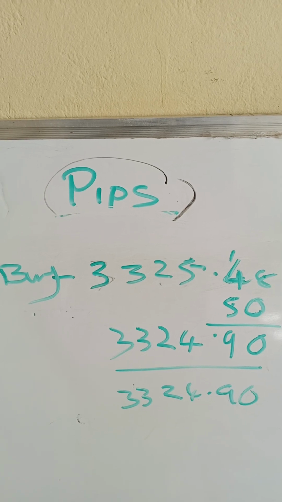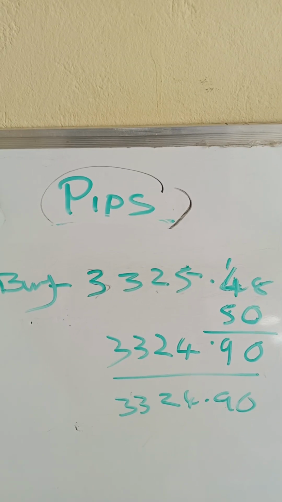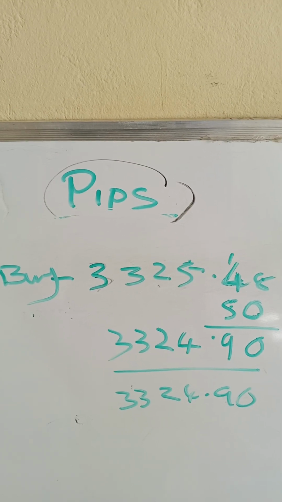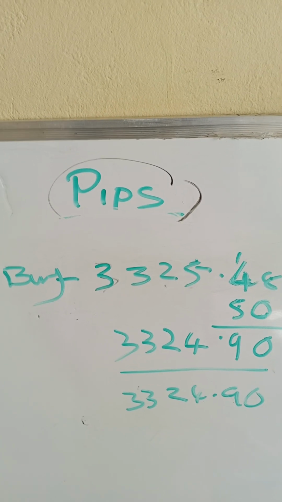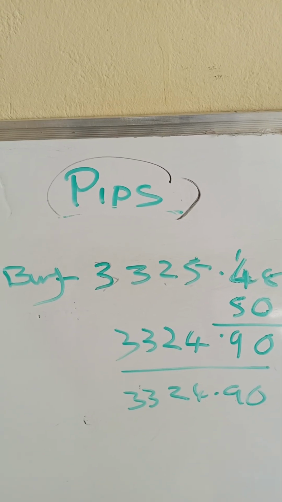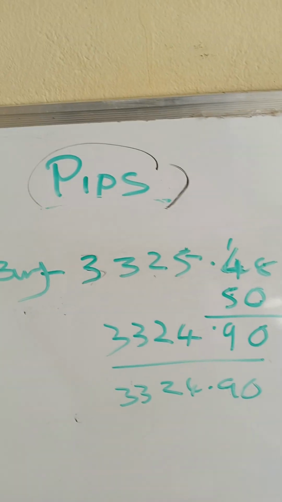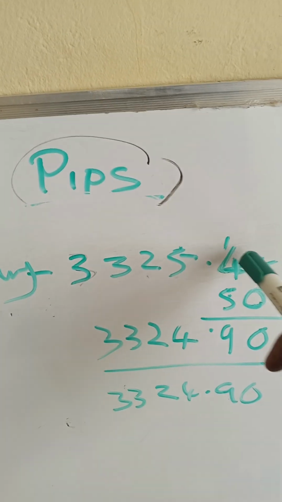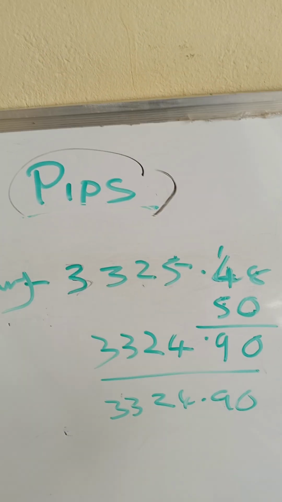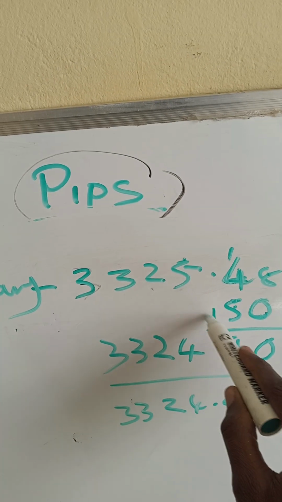All right. So guys, this is how you set your stop loss. This is how you calculate the pips. And also when you want to set your take profit, let's say you are targeting 60, you're just going to add 60 here. So your price range now will be, let's say we add plus 50.